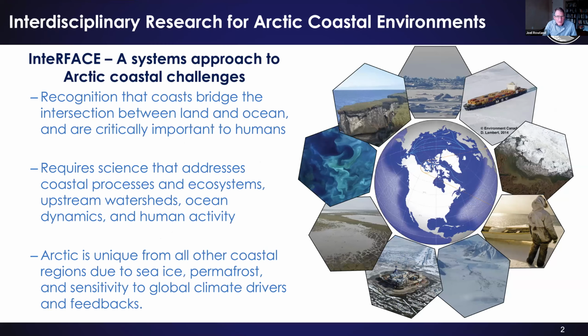So to start with, the project is 2 years old. We're going into our 3rd year, and it was designed around what is very similar to the Arctic Colors, a systems approach with the recognition that to understand coastal change, you really need to look at the interaction between land and ocean and the engagement at the coast itself. And our project, which is sort of graphically shown on the right, is centered around Earth system modeling, but with a hierarchy of models with a range of particular topic focuses, from coastal erosion to sea ice to shipping to biogeochemistry to natural resources.